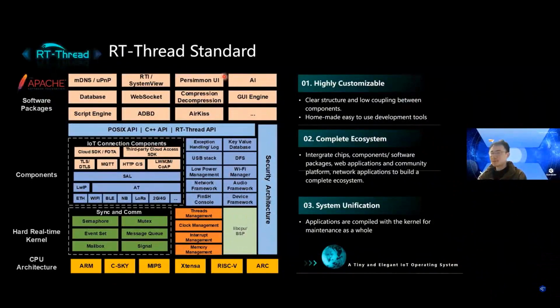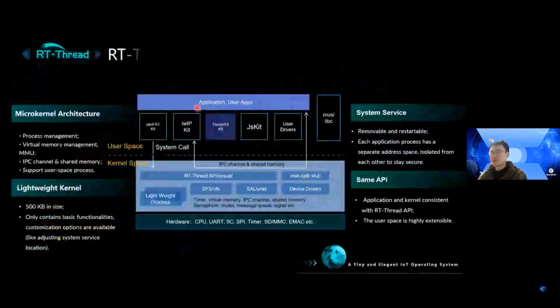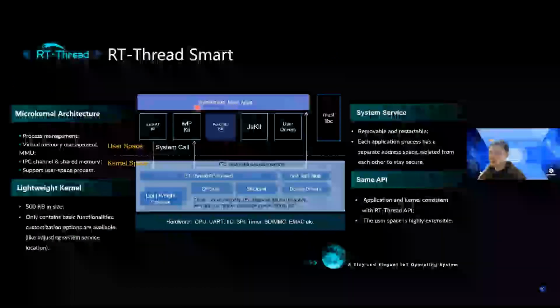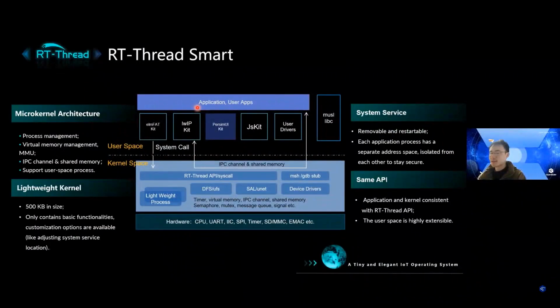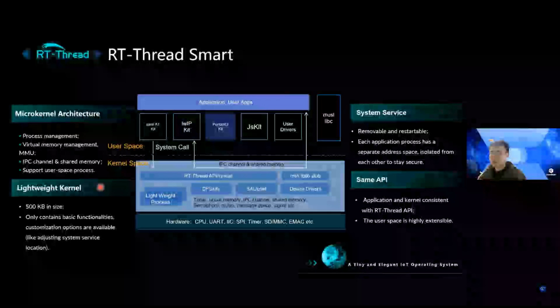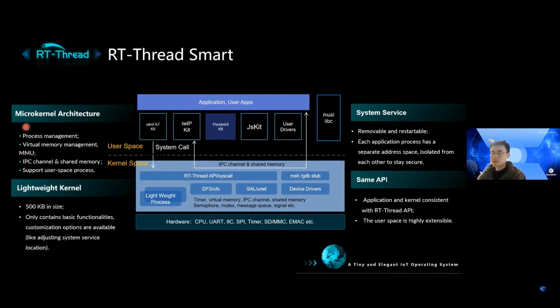Let's move on to the next one, the smart version. As I mentioned before, the smart version targets high-end system on chips that have a memory management unit, or MMU, such as Raspberry Pi. It uses a microkernel architecture.